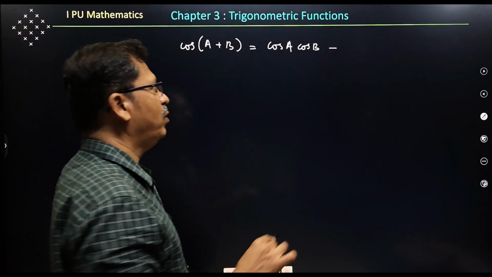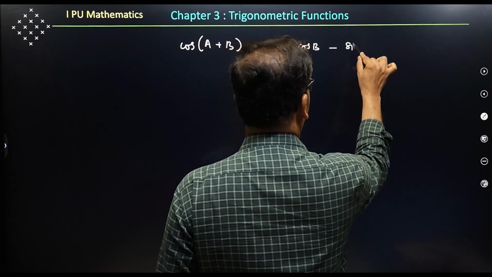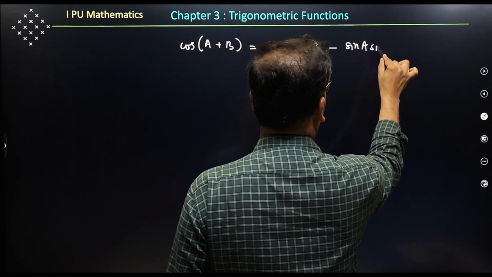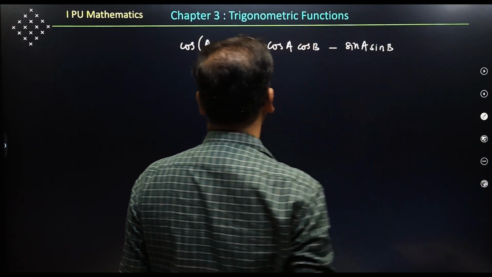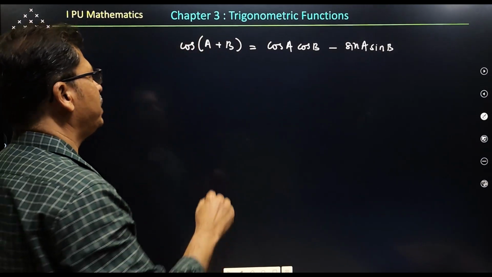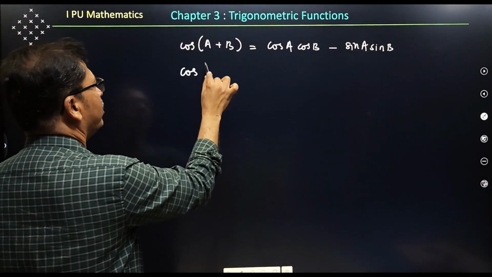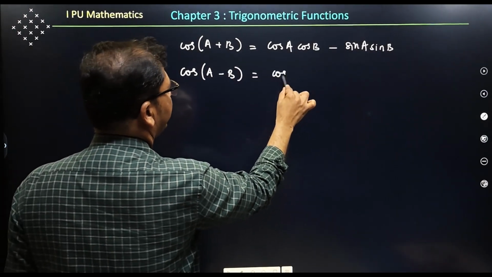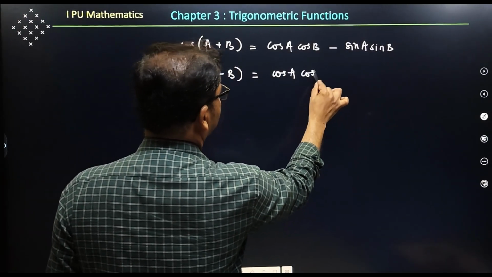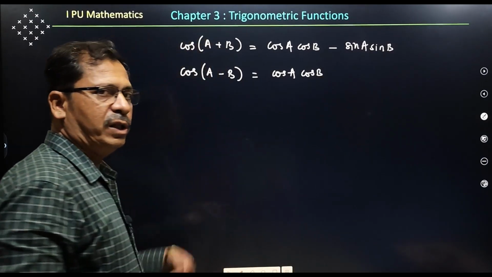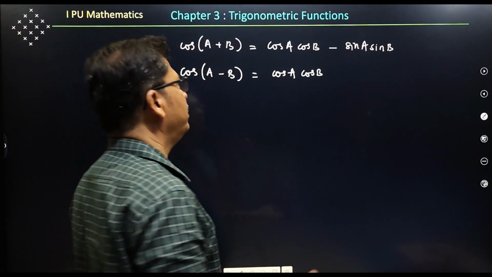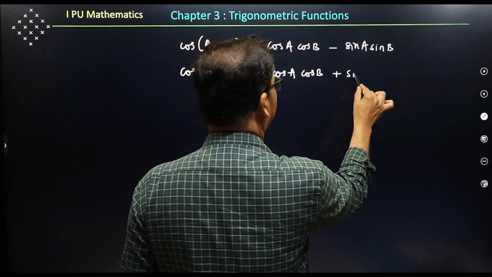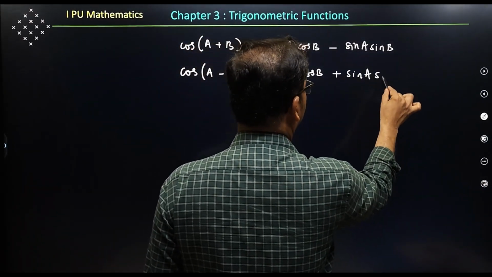Next, cos of a minus b is equal to cos a into cos b, next is not negative, this is plus sin a into sin b.